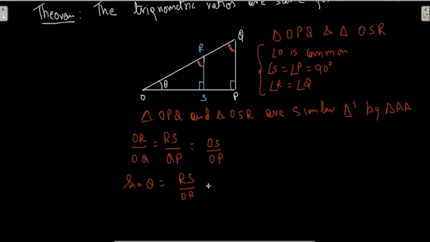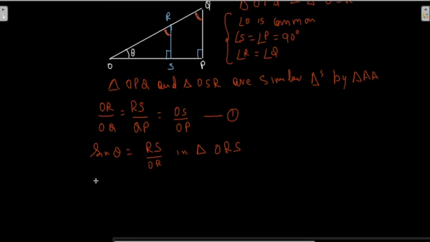Sine of theta in triangle ORS, and sine of theta in triangle OPQ is equal to QP over hypotenuse.